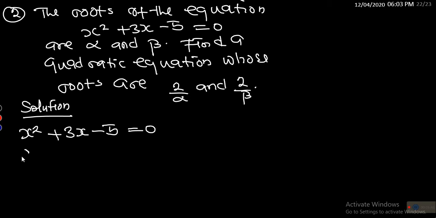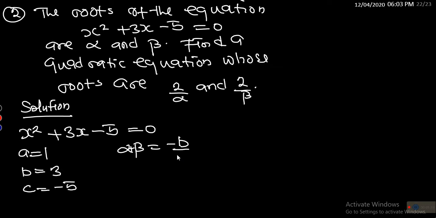Comparing with the general form, a equals 1, b equals 3, and c equals minus 5. So alpha plus beta equals minus b over a, which is minus 3, and alpha beta equals c over a, which is minus 5. Then you can write your sum of new roots and product of new roots.